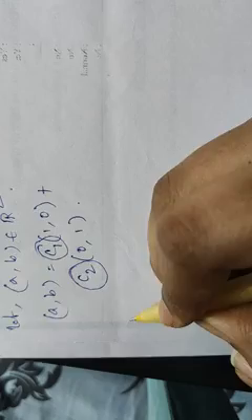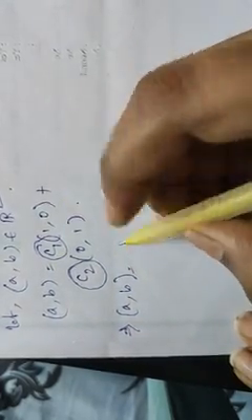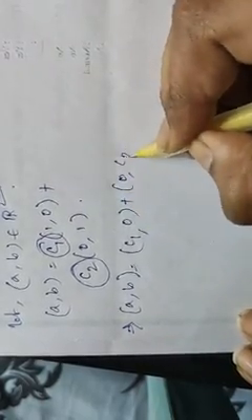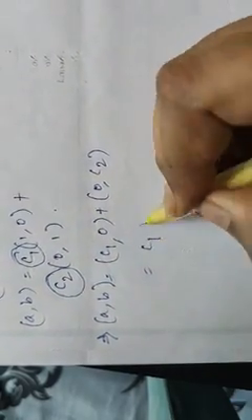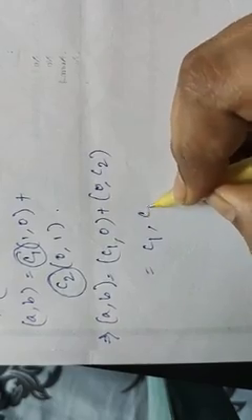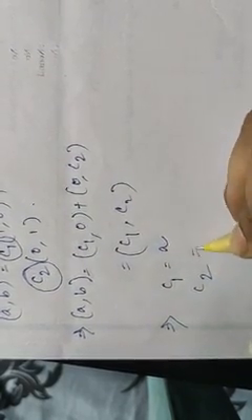So let's try to find the values of C1, C2. From the left hand side we can write (a, b), and from the right hand side we can write (C1, 0) plus (0, C2), that is (C1, 0 plus C2). So by equating, we can write C1 equals a and C2 equals b.